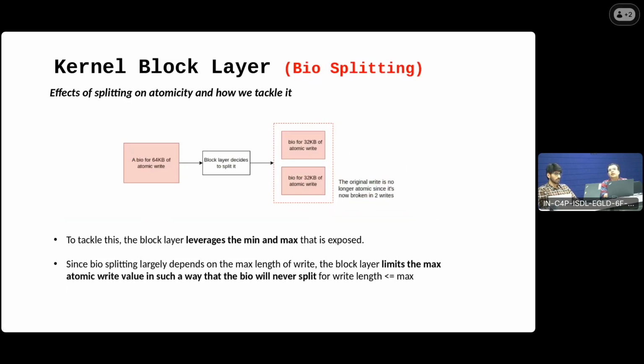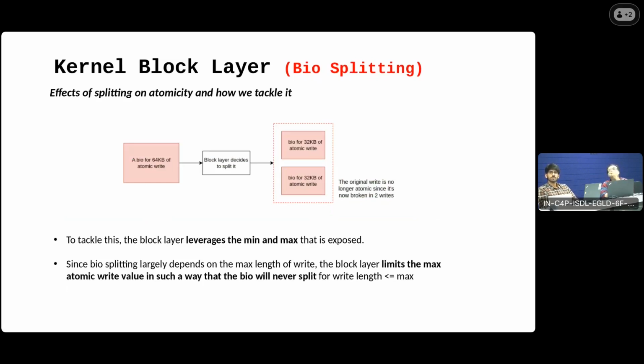Now, similarly, the third constraint: we can split the BIOs as well. If you have, let's say, a 64 KB atomic write, and the block layer decides to split it because your device doesn't support that big of an atomic write, just for example purposes, it can split it into two BIOs of 32 KB each, right?